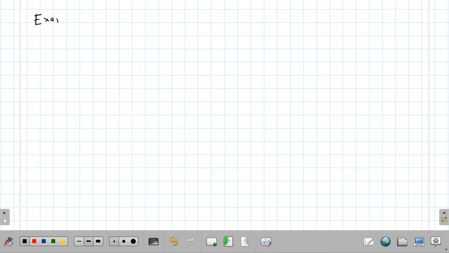Once again, this is directly from the book. And this has to do with writing large numbers in scientific notation.